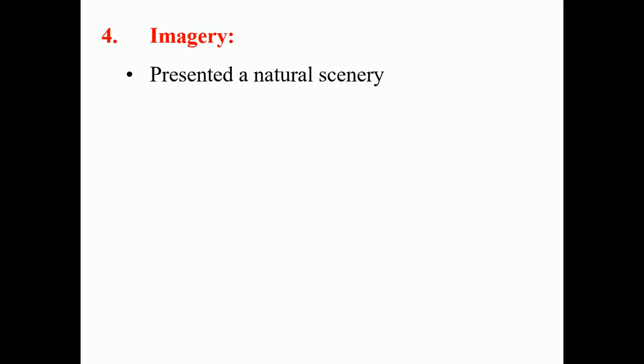So that's why the poet has presented a natural scenery through this poem. And what's the speciality of this natural scenery? It's not something very complicated, but a very simple image which creates a calm and peaceful state in our mind, a very joyful state in our mind. That's the speciality of this imagery.